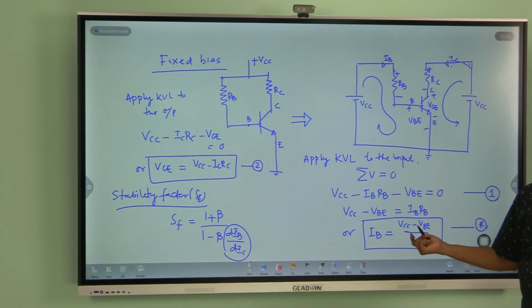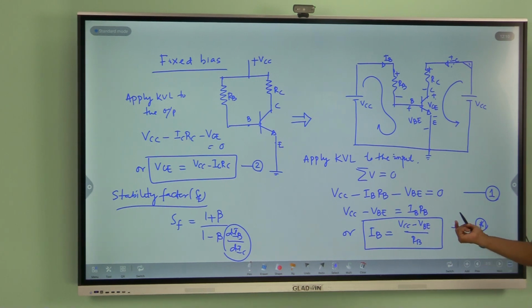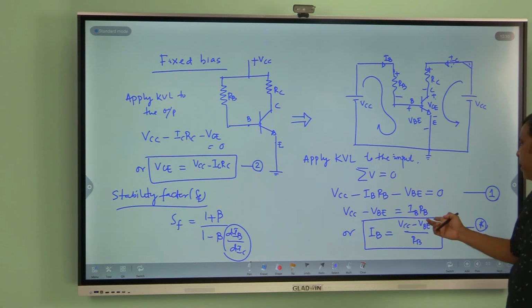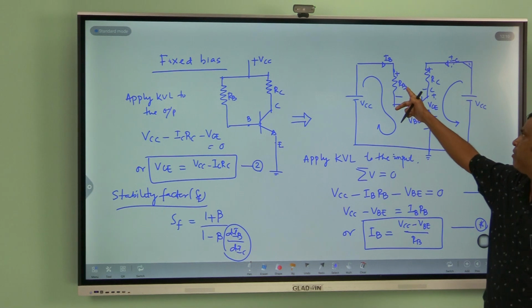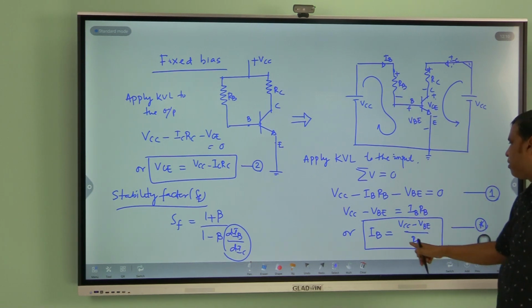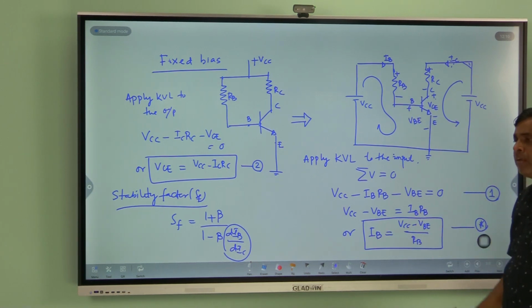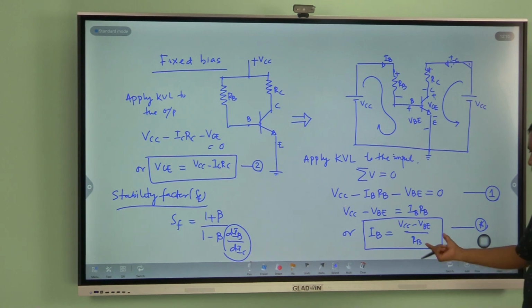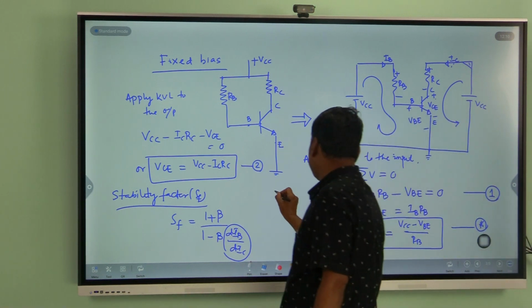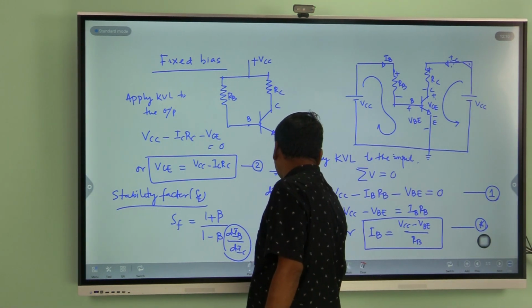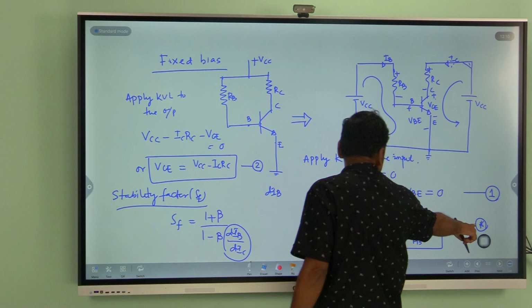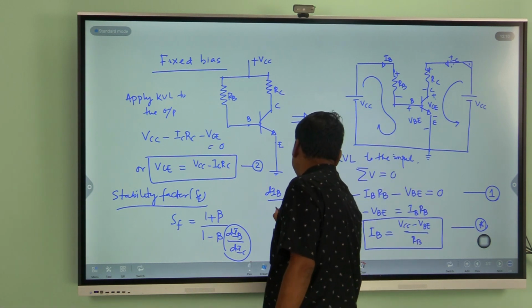VBE is also constant, 0.3 for germanium and 0.7 for silicon, and the resistor RB is also constant, the value is given. So, this whole term is constant. So, dIB by dIC will be 0.